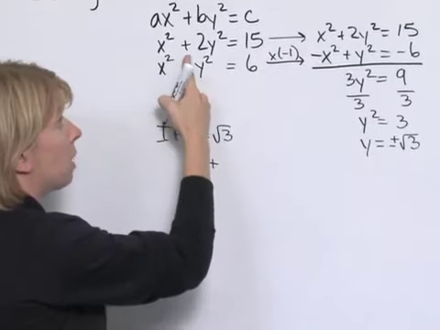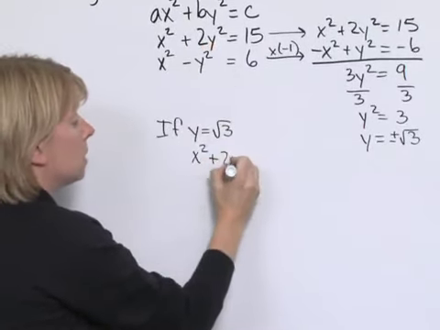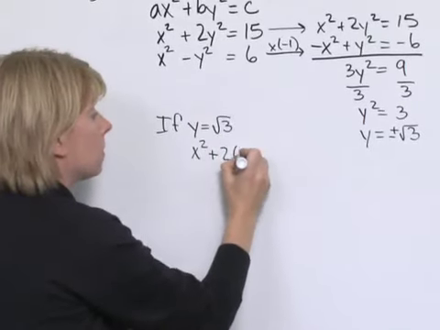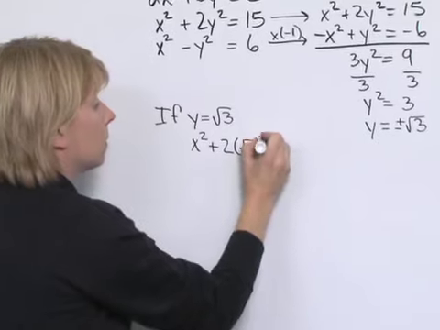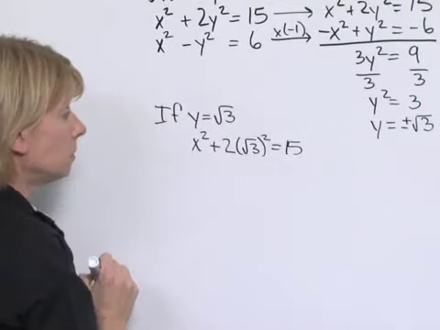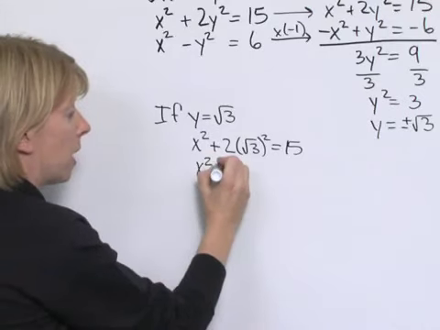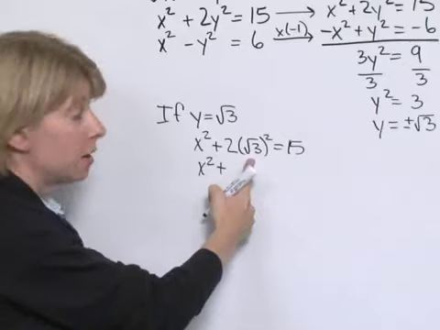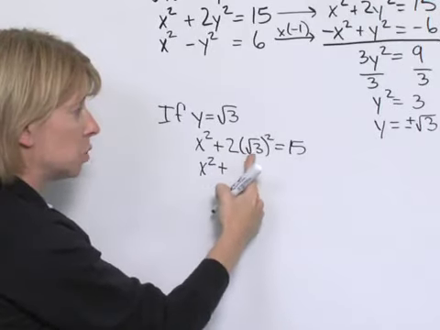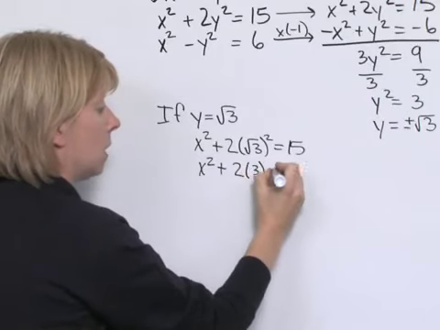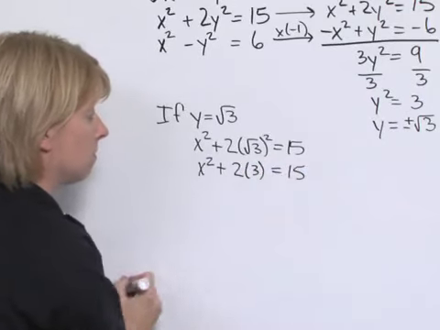So I have x squared plus 2 times y squared, but y is the square root of 3, equals 15. So we have x squared plus 2 times the square root of 3 squared, which is 3. This is 2 times 3 equals 15.